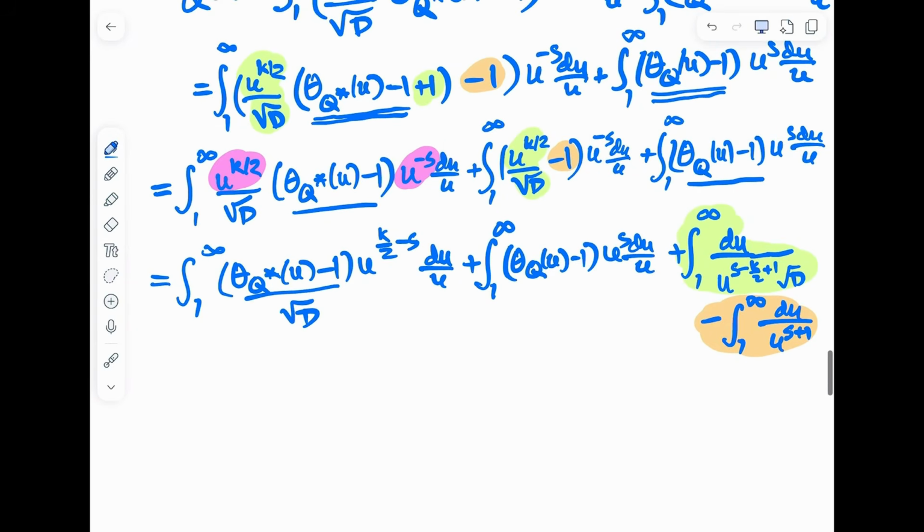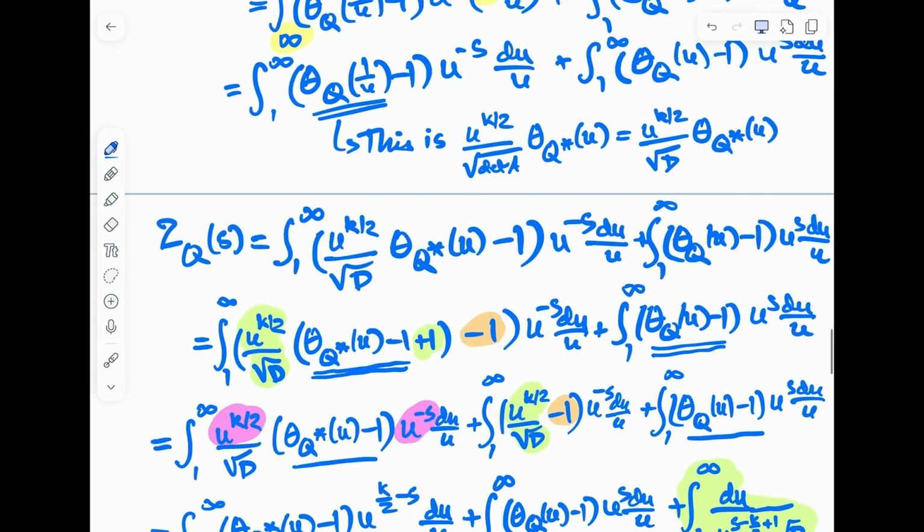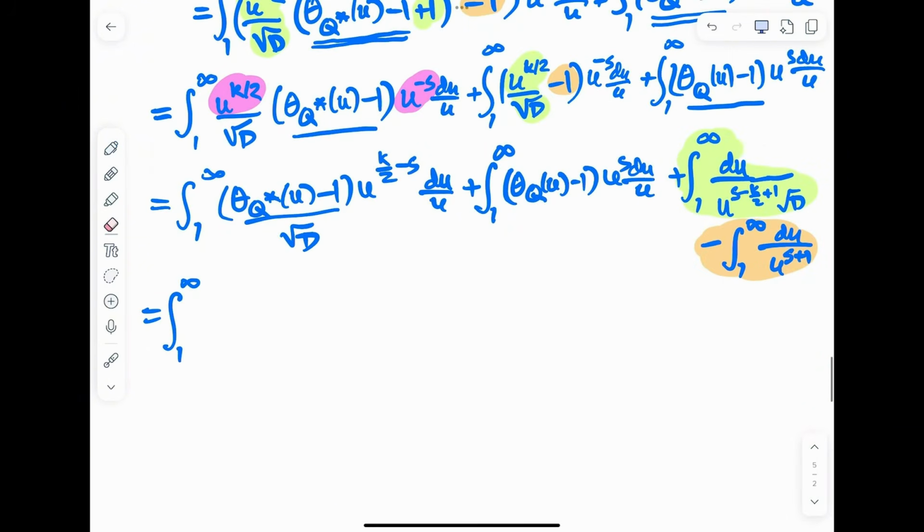But let's put the first 2 things together. So remember, this is all just the completed zeta function, up at the top, zq of s. And I really would prefer to put the q before the q star. So let's put the second integrand first.